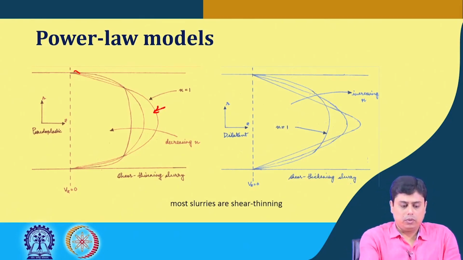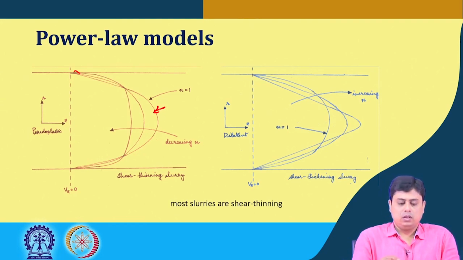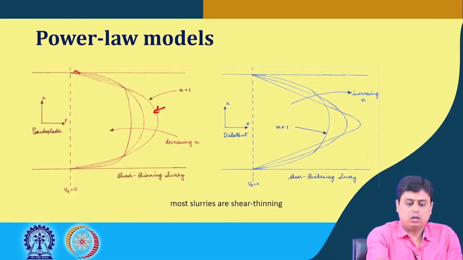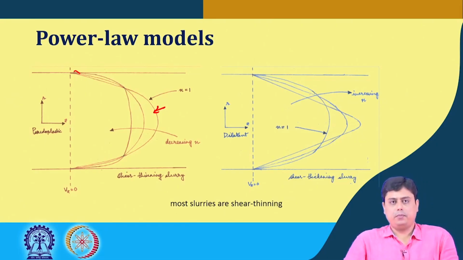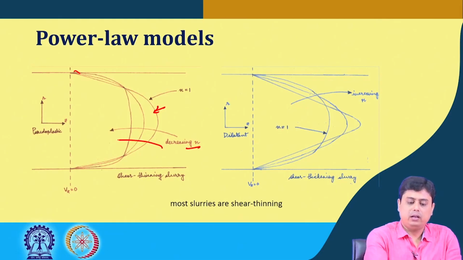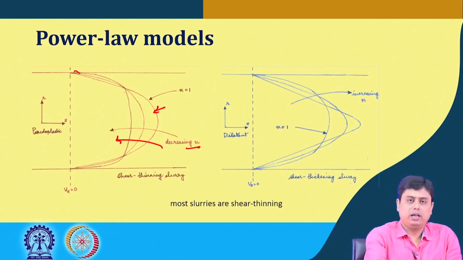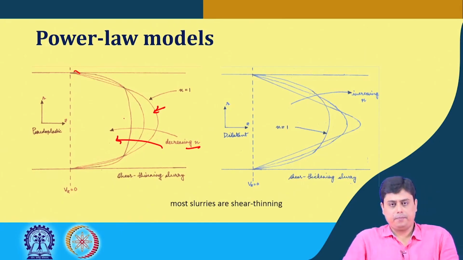In the case of a pseudoplastic fluid, that is n less than 1, it shows a blunt profile. As we decrease the value of n, the profile becomes flatter and flatter, and the flow becomes more plug-flow-like.